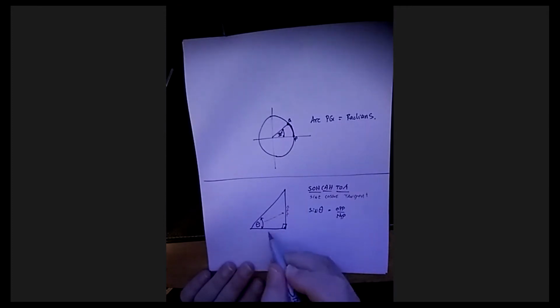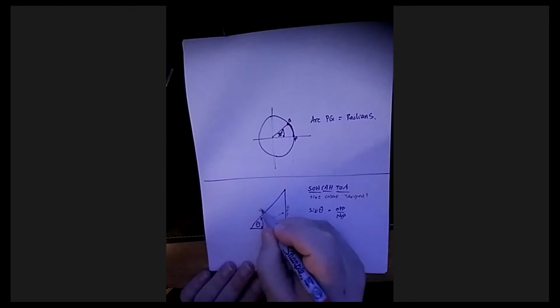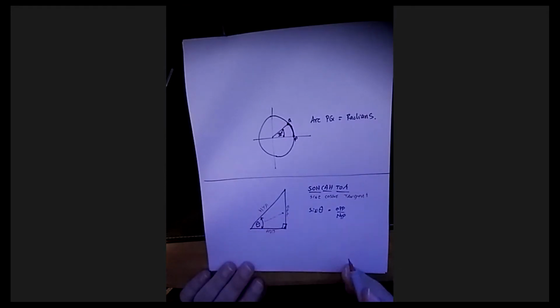This one here is right next door to it. It's adjacent, so it's called the adjacent. And this one over here is called the hypotenuse. So if I wanted to find the sine of this angle, it would be opposite over hypotenuse. If I wanted the cosine of this angle, it would be the adjacent over the hypotenuse. And if I wanted the tangent of this angle, it would be the opposite over the adjacent.